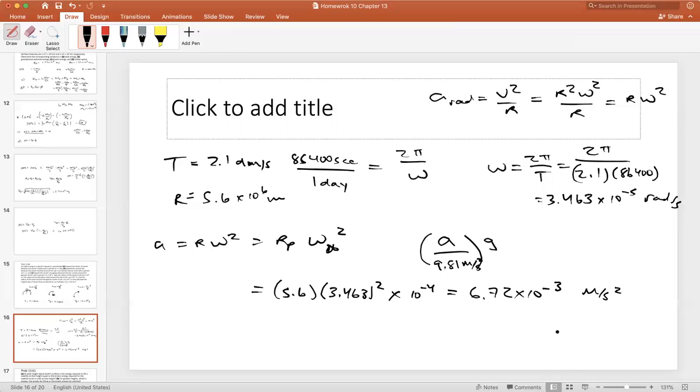But I want this in terms of g. So if I divide this by 9.81 meters per second squared per g, where g is just a unit here, I get 6.72 divided by 9.81, I get 0.685 g, times 10 to the minus 3, sorry.